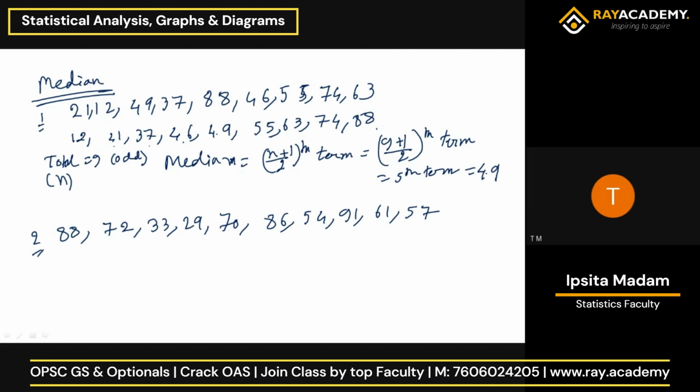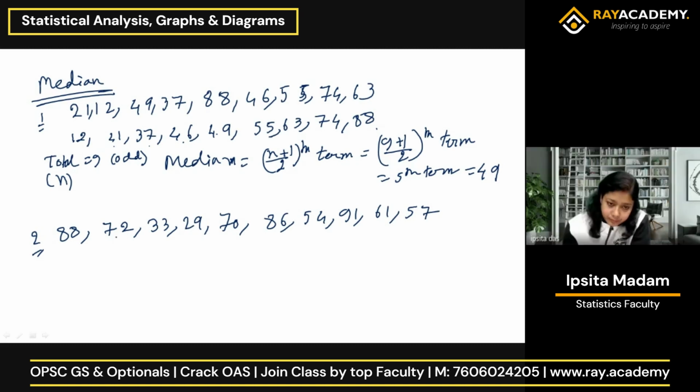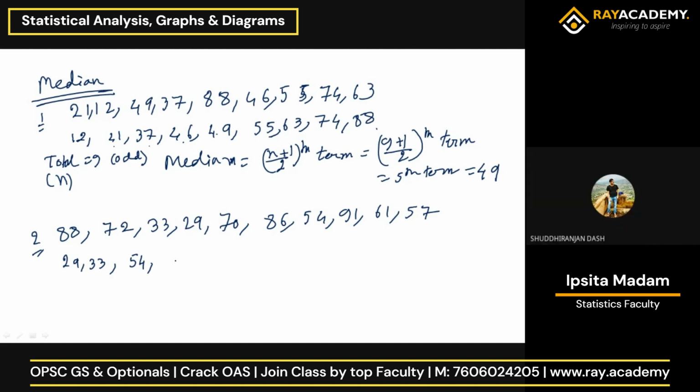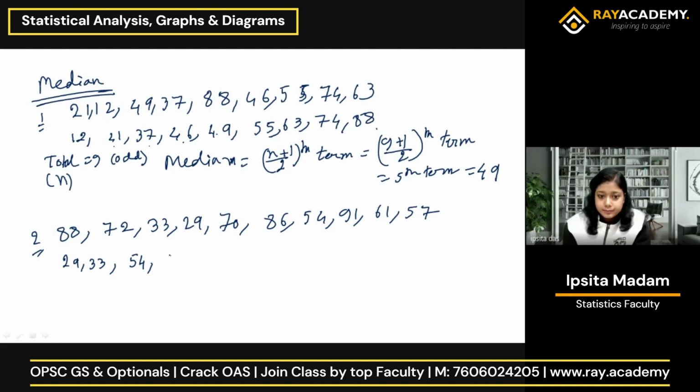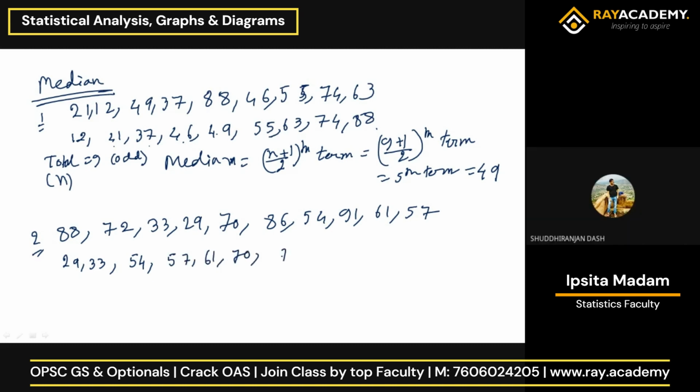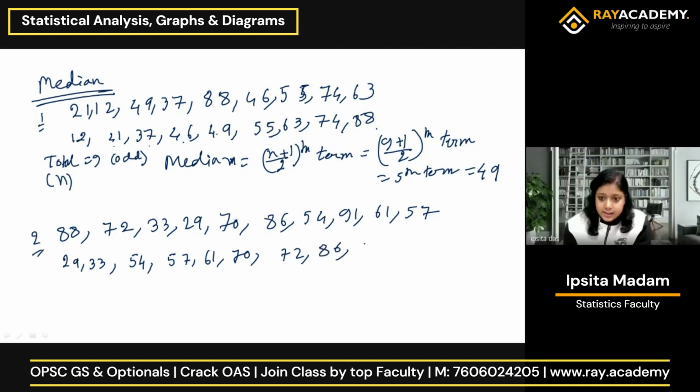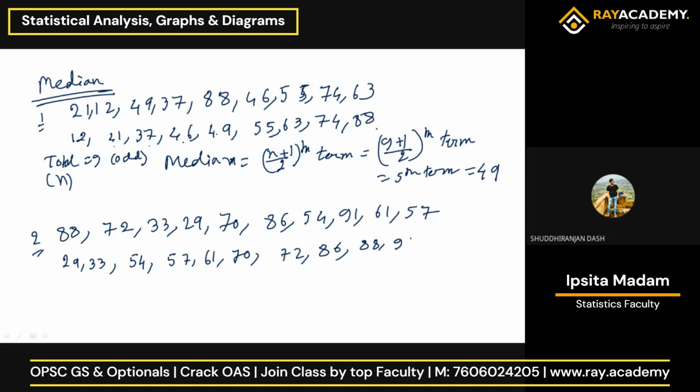Yes, ma'am. Next, for the similar case, first we arrange all the numbers in ascending order: 29, 33, 54, 57, 61, 70, 72, 86, 88, 91.